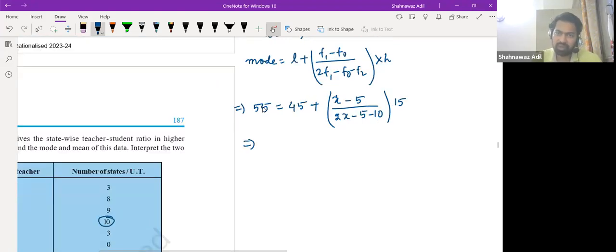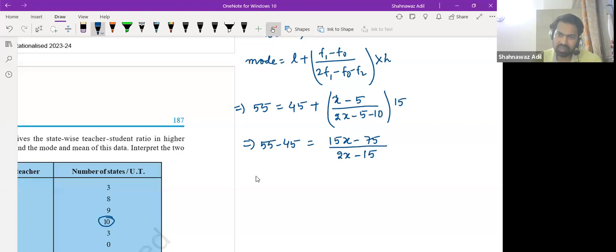So we have 55 minus 45, and this is 15x, right? Minus 15 fives are how much? 75. And then we have this 2x minus 50.